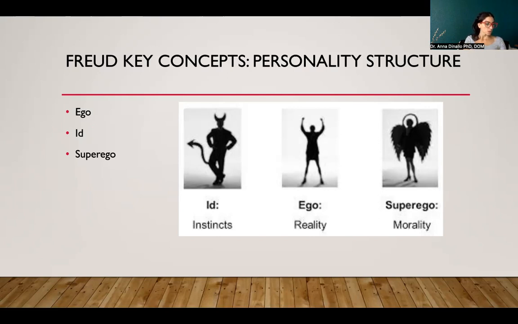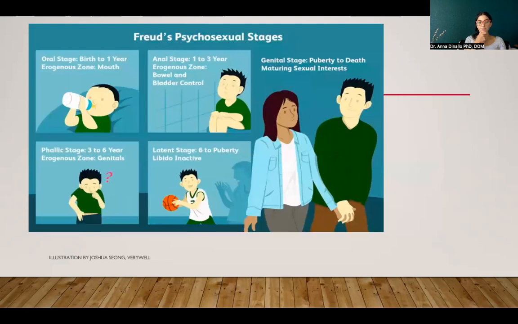And so we're going to jump a little bit more into how this intersects with sexuality, because hopefully this is a little bit of a review for you, especially if you have an undergraduate degree in psychology or you've just done some reading. You're kind of like, yes, I'm aware that Freud has psychosexual stages as well as these three personalities.